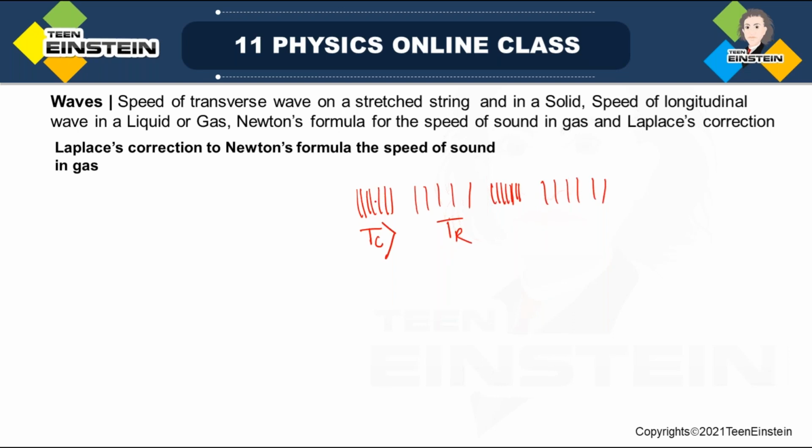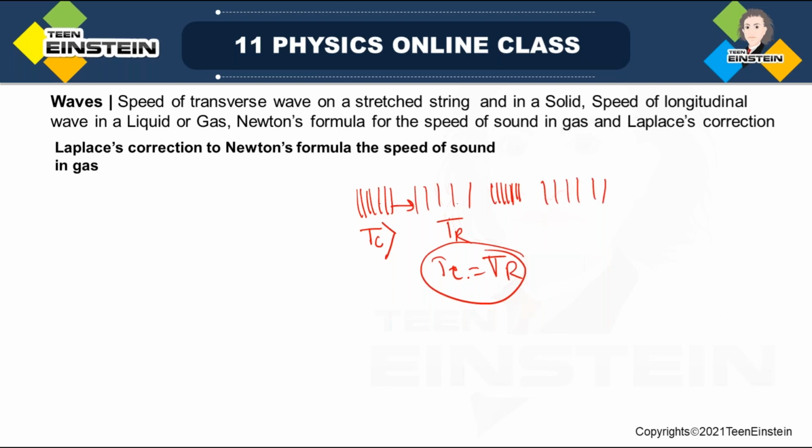So according to Newton, the extra amount of heat will immediately go to the rarefied region and equalize the temperature.